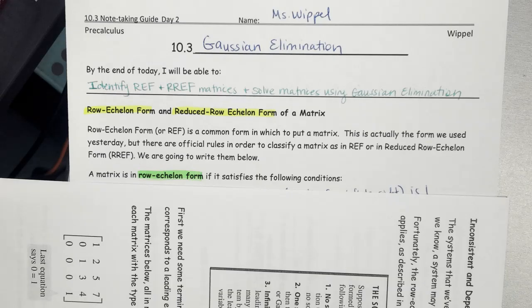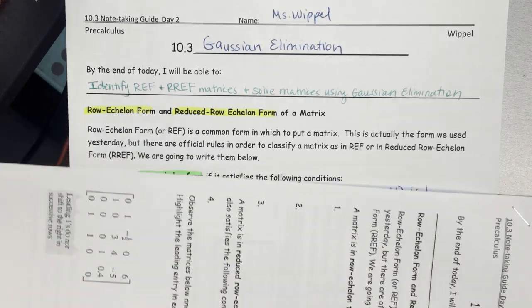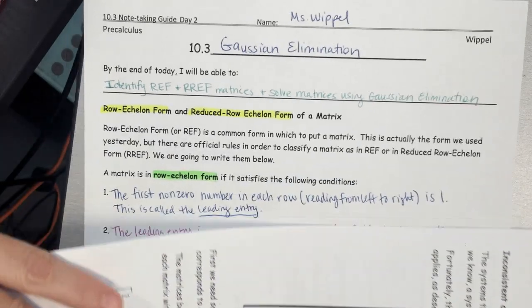Okay, so today we're going to continue with matrices, and we're going to do Gaussian elimination. This is named after a mathematician with the last name of Gauss. Then we're going to identify matrices that are in the form REF and RREF.